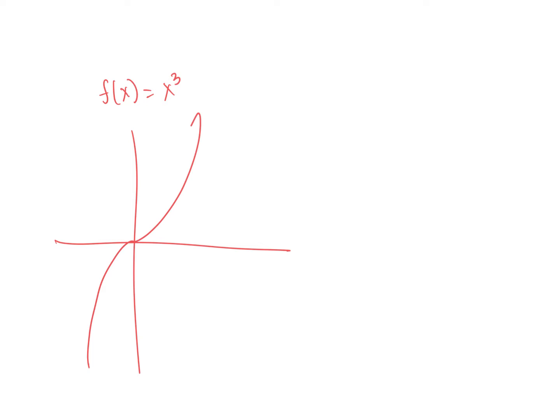So if I take the parent function x cubed, this function normally looks like this, right? If I do x minus 2 cubed, it would go over 2, and it would look like that. Where it used to go through 0, 0, now it would go through 2, 0.